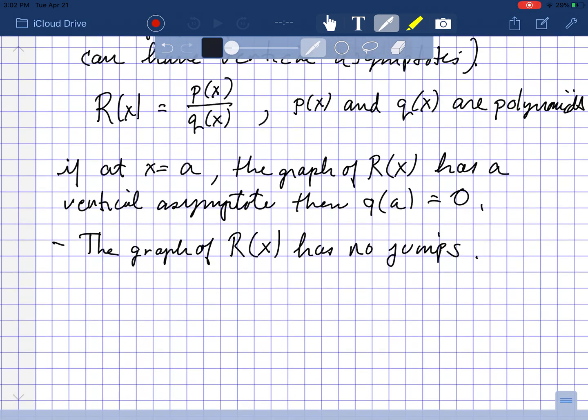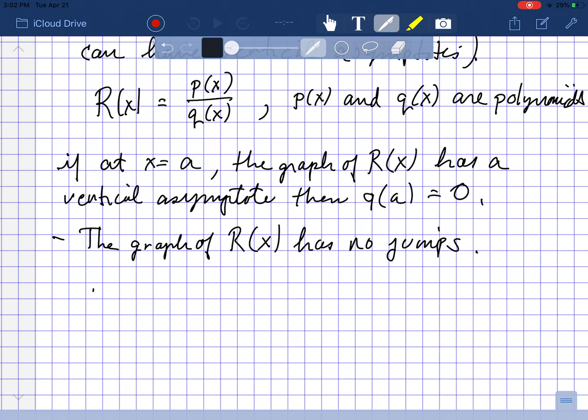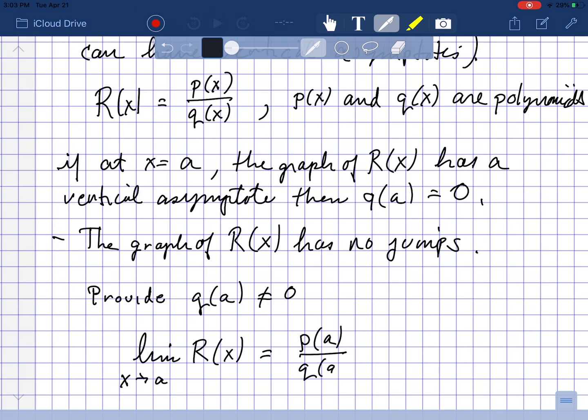So what we can say is this: provided q of a is not equal to 0, the limit as x approaches a of r of x is equal to p of a divided by q of a.